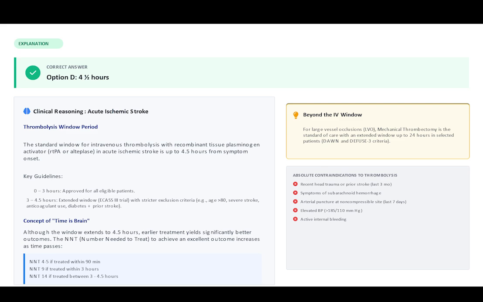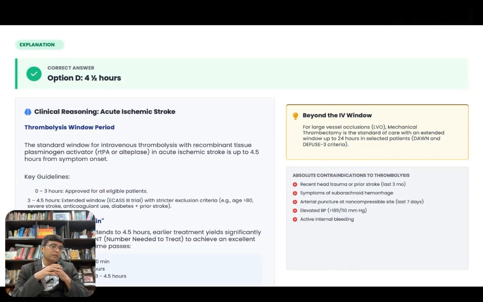And when the CBF is less than or equal to 16 to 18 ml per 100 gram of brain tissue per minute, infarction ensues if such blood flow persists for around 1 hour. And if the CBF is less than 20 ml, then cerebral ischemia ensues over hours or days.